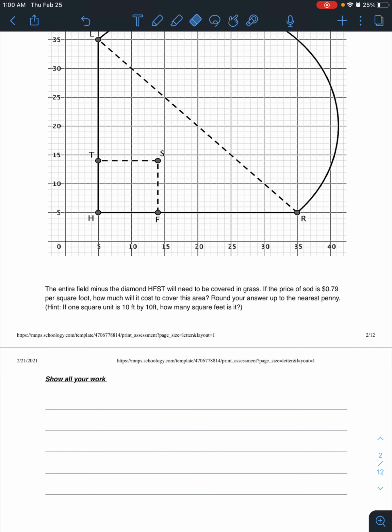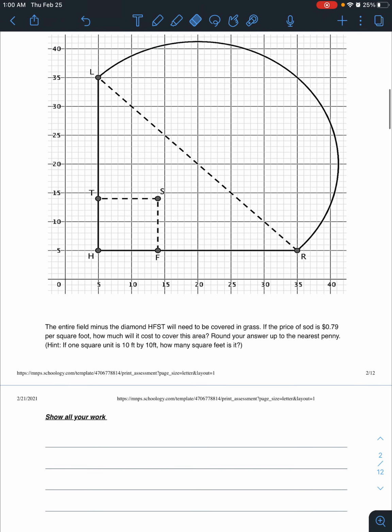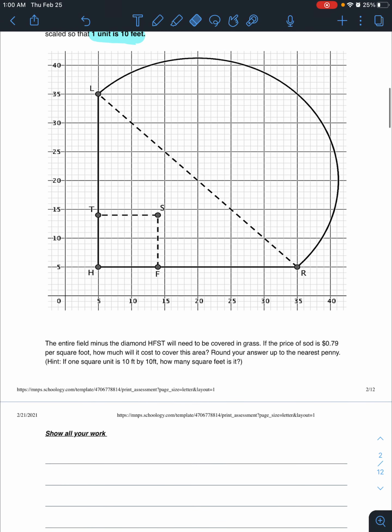The first question says the entire field minus the diamond HFST will need to be covered in grass. If the price of sod is 79 cents per square foot, how much will it cost to cover this area? So when you're looking at this, the hint says if one square unit is 10 by 10, how many square feet is that?